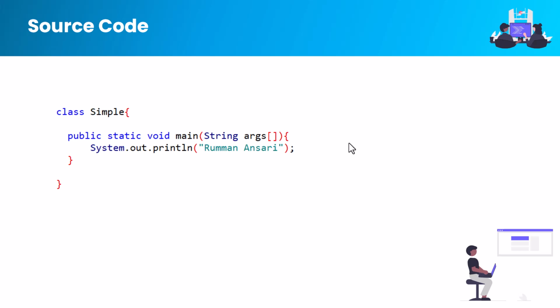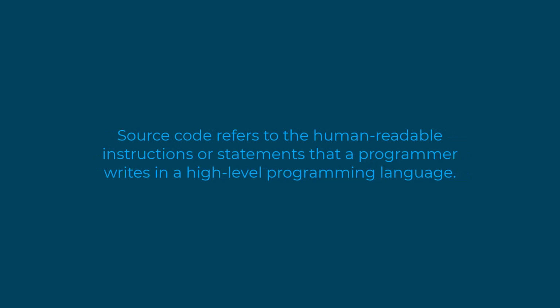So one may ask you, what is source code? If someone is asking that, what will you say? Let's try to understand that. Source code refers to the human readable instructions or statements that a programmer writes in a high level programming language.